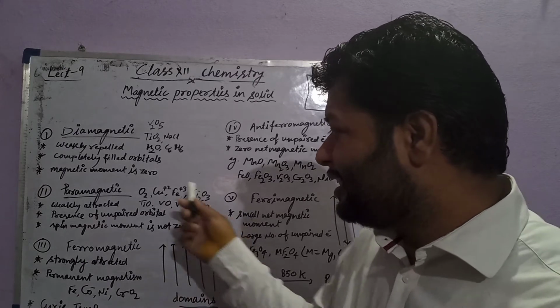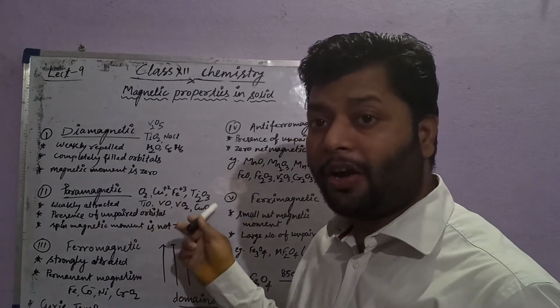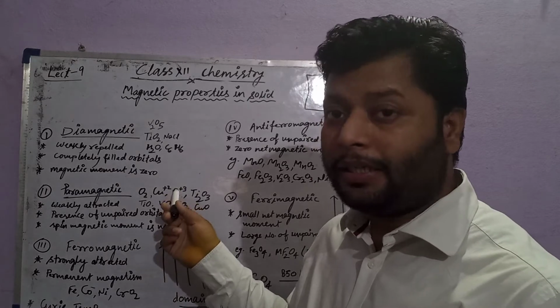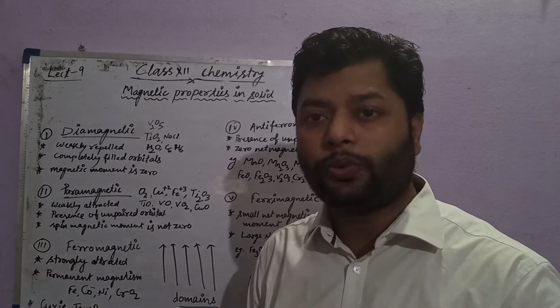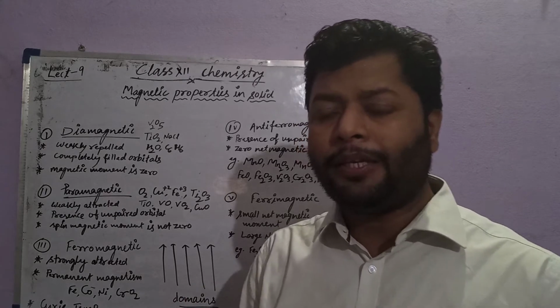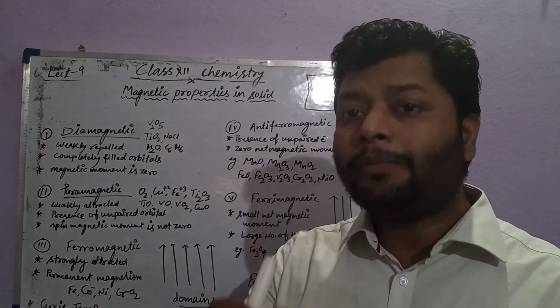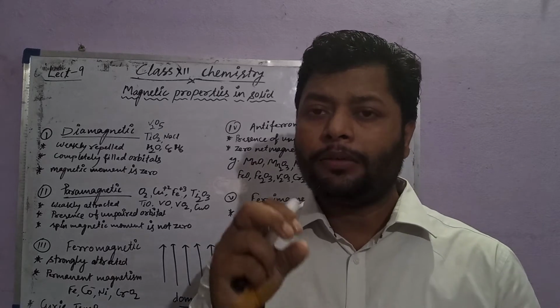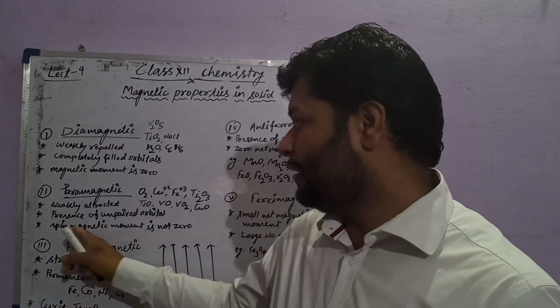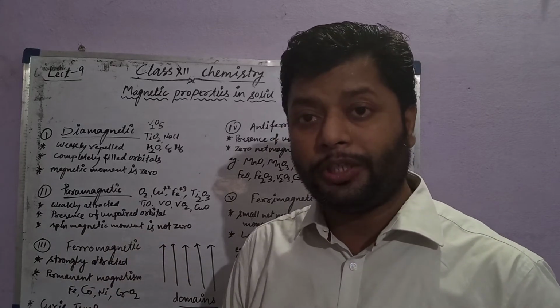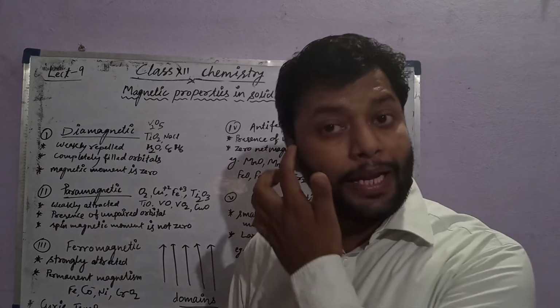You can see these are some transition metal oxides and ions, and molecules like oxygen O2 and sulfur S2. These are examples in which at least one unpaired orbital is present. The reason is that the spin magnetic moment is not zero, causing paramagnetic behavior.